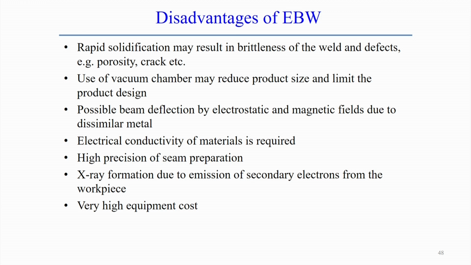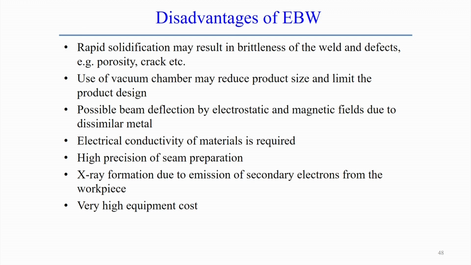We can weld a small part, but it is very difficult to create a vacuum for a large component and do the electron beam welding process there. So, that is the biggest disadvantage of using the vacuum chamber.